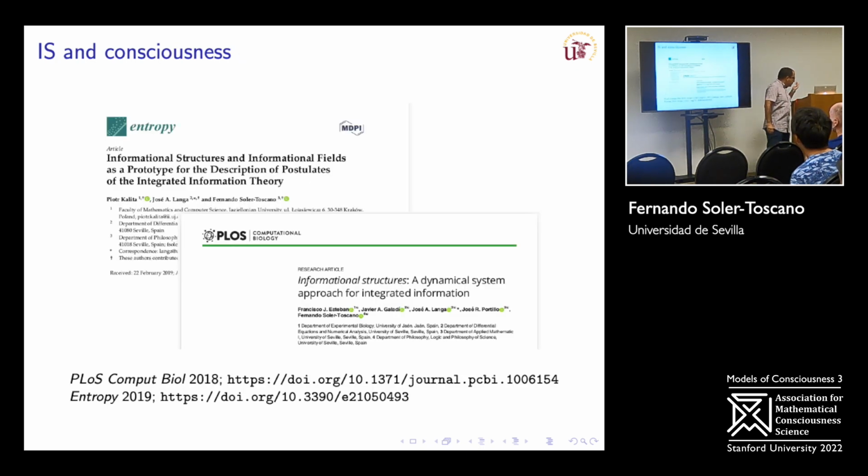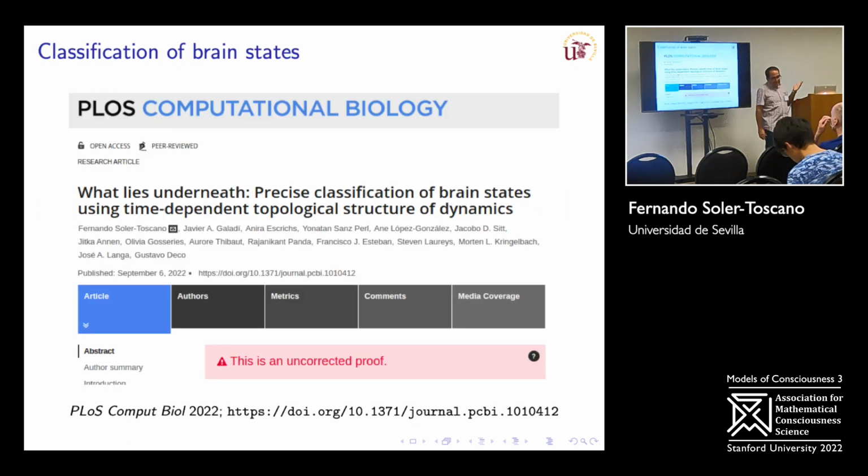In previous works we have applied this approach to consciousness, mostly in the framework of integrated information theory, and what I'm going to present today are the results of a very recent paper, published today, the uncorrected proof, online today.